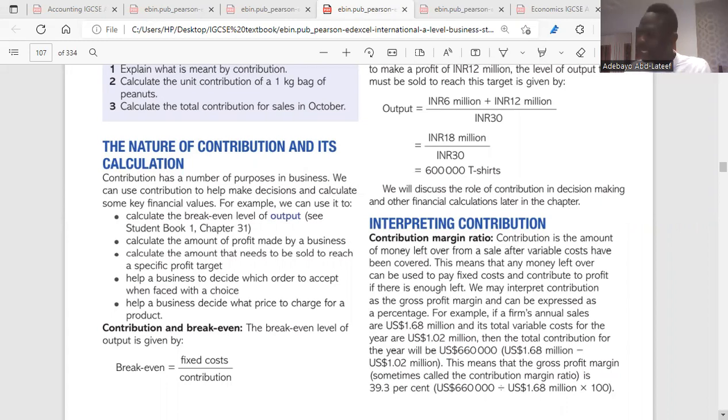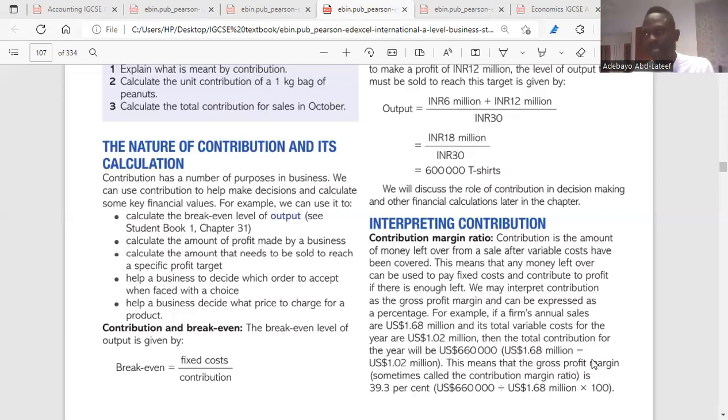The second one, it can help to calculate the amount of profit made by a business. When you talk about contribution, it means that you have taken away your variable cost. So the amount of money that is left, you are able to get your fixed cost from it. And if there's still excess, you'll be able to calculate your profit from it.